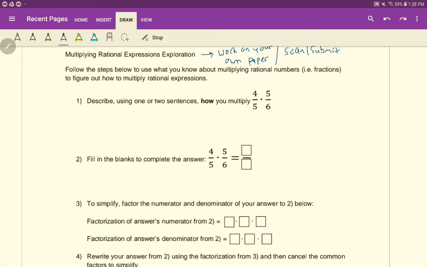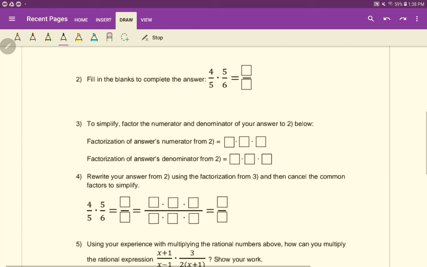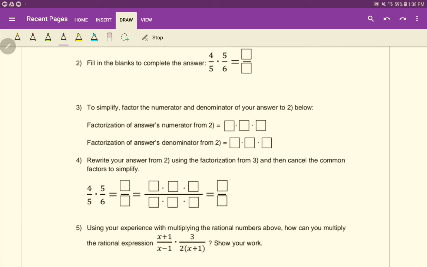Okay, number two then, after you do that, I want you to do it. So give me, what is this here? Okay. And then number three, I want you to factor the numerator and the denominator of this answer that you came up with up here, to simplify.